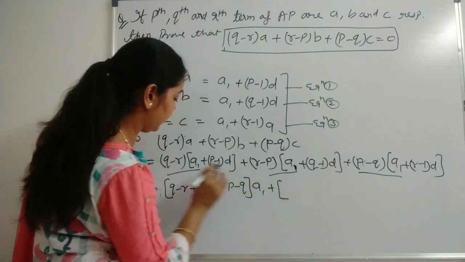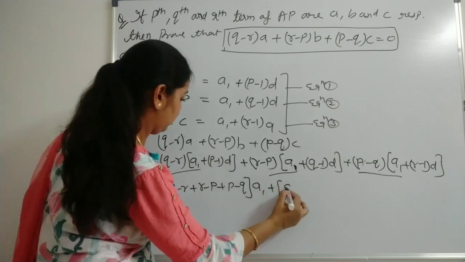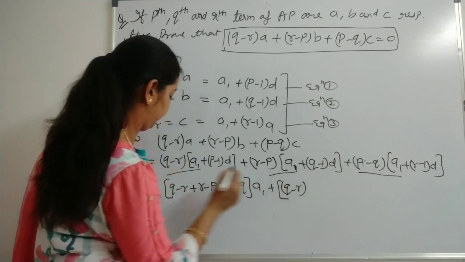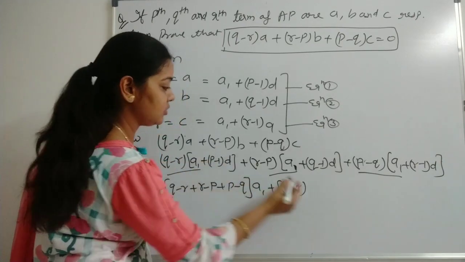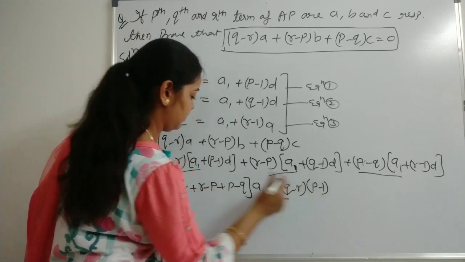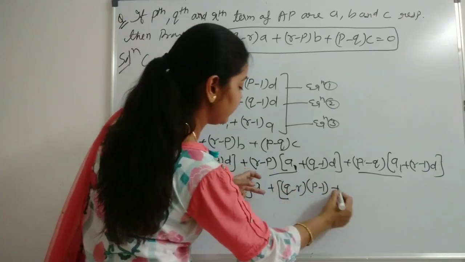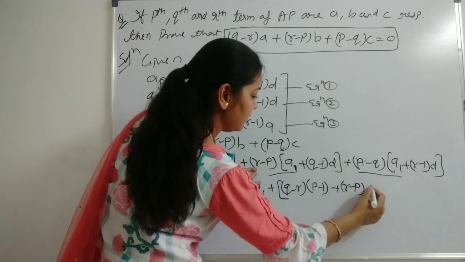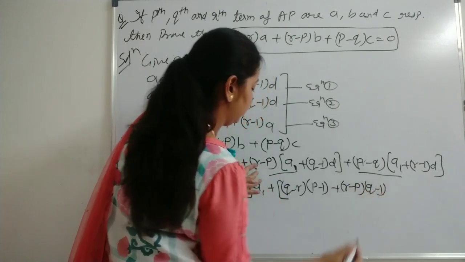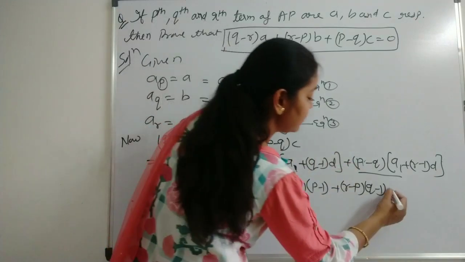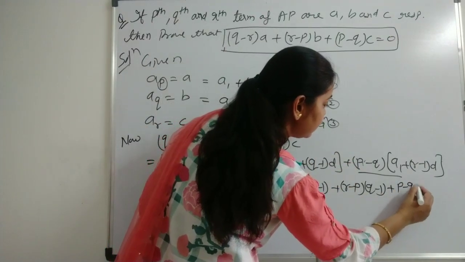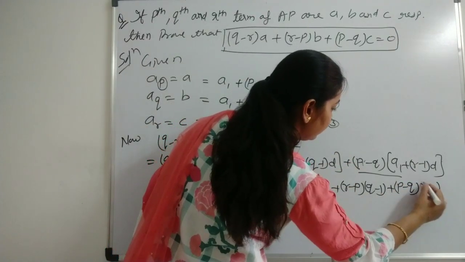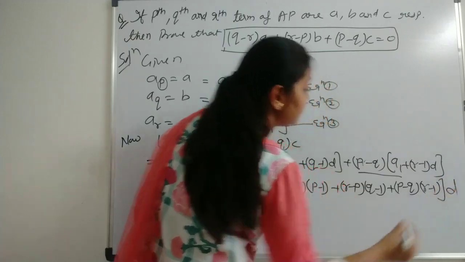And with D we will get (Q minus R) into (P minus 1), plus from the second term we get (R minus P)(Q minus 1), and from the last term we get (P minus Q)(R minus 1), whole multiplied with D.